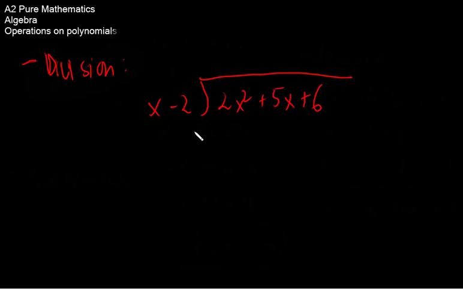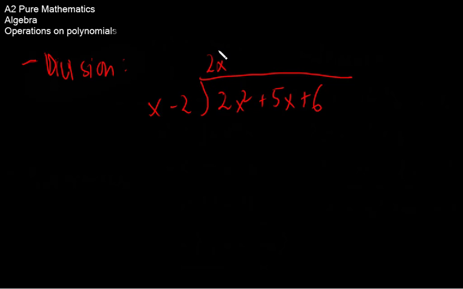The way you do it is that you take the first term, 2x squared, divided by the biggest term in the divisor. So 2x squared divided by x, that's 2x.